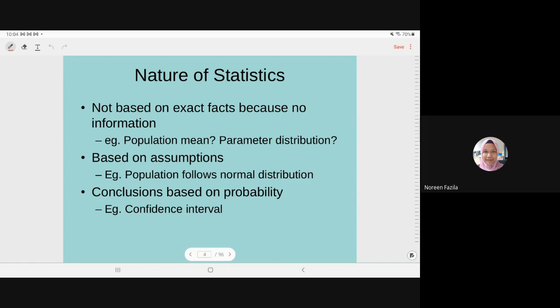And because of that, when we conclude, the conclusion also is based on probabilities.